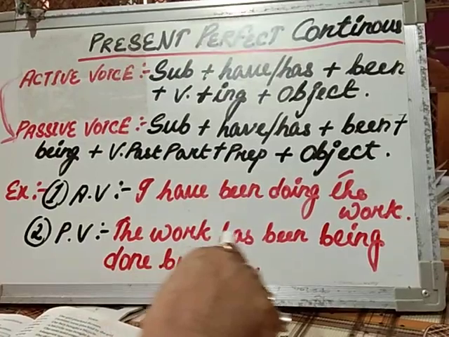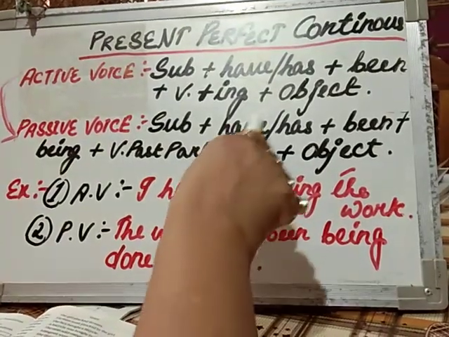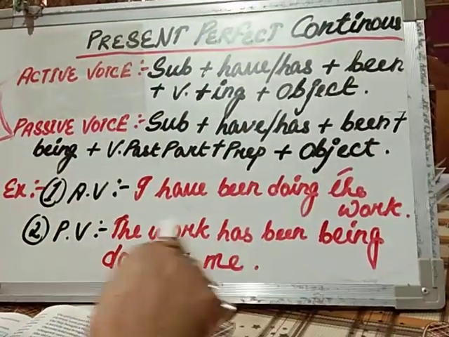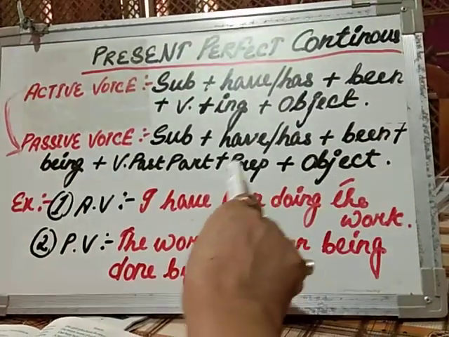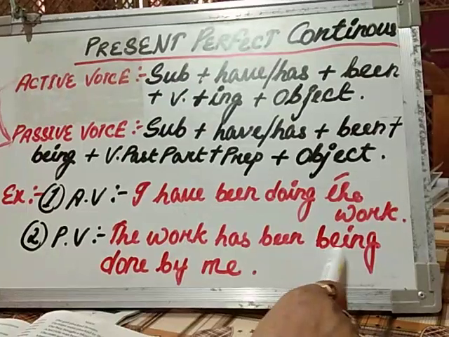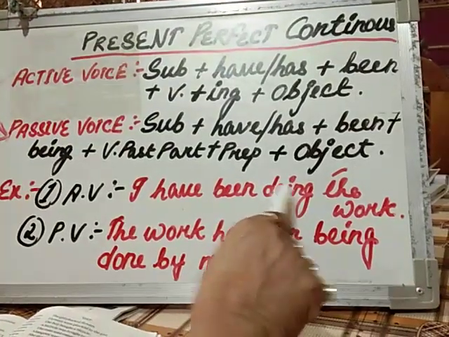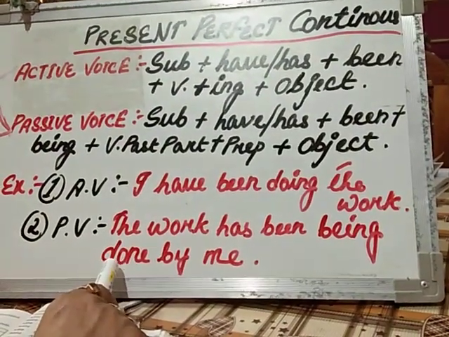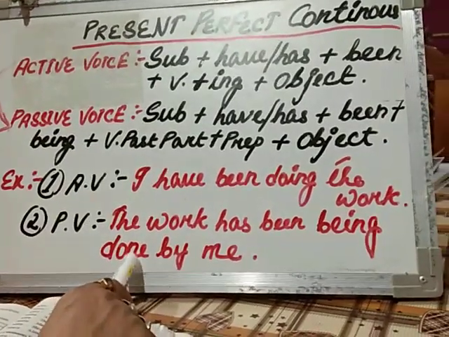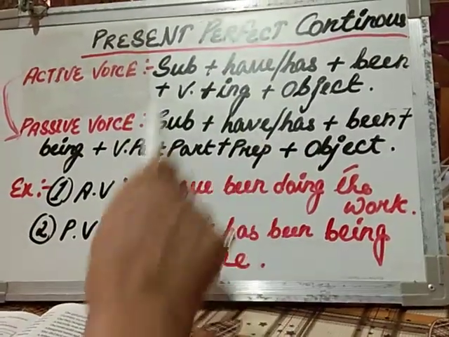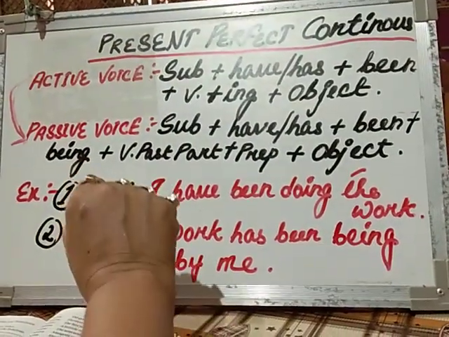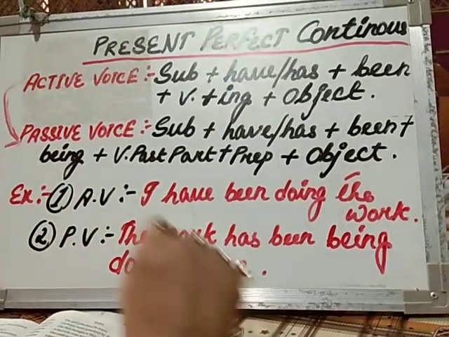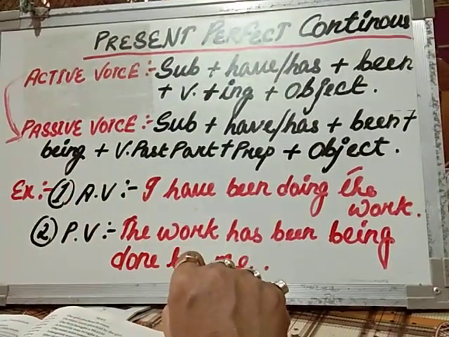The subject work takes have or has according to the person, it is third person, so has, then been, and since ing is here, we have to write being, and do changes to the third form, that is the past participle form, done. And we have to add one preposition also, by, and this I becomes the object. When I becomes object, it becomes me.